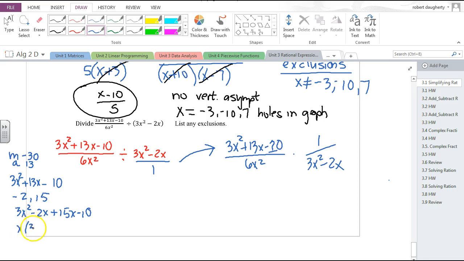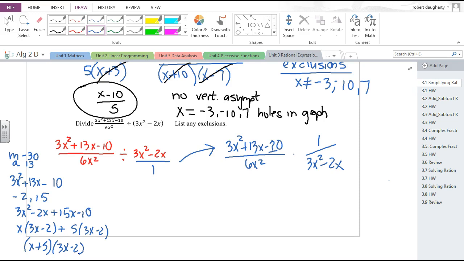X, 3x minus 2 plus, and then I factor out what? A 5, 3x minus 2. So this is x plus 5, 3x minus 2. That's just factoring one of the numerators, okay? These problems, the gripe about these problems with students is what?